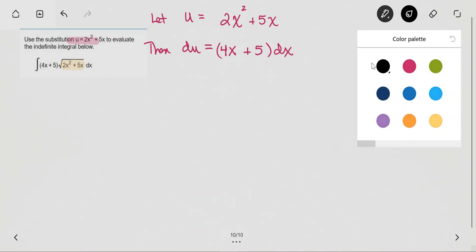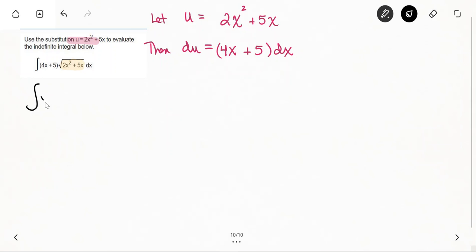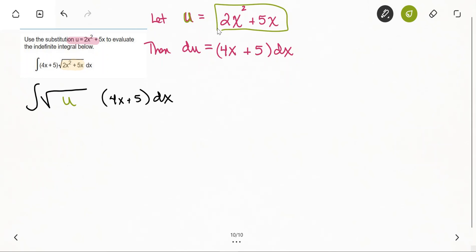So if I rewrite this expression, I could have the square root, and then I'm going to put this 4x plus 5 dx together. But I could substitute in U for this 2x squared plus 5x, and while I'm here, I'm going to rewrite it as U to the 1/2.